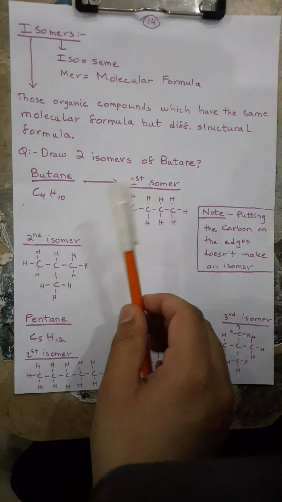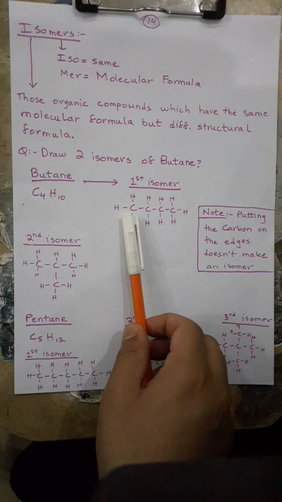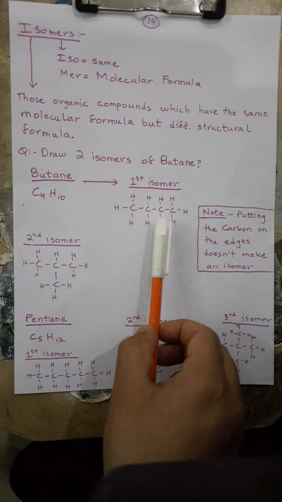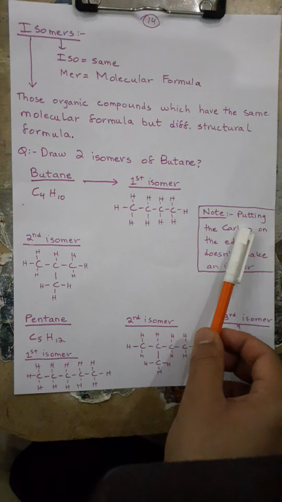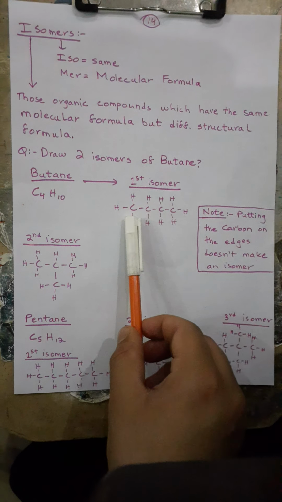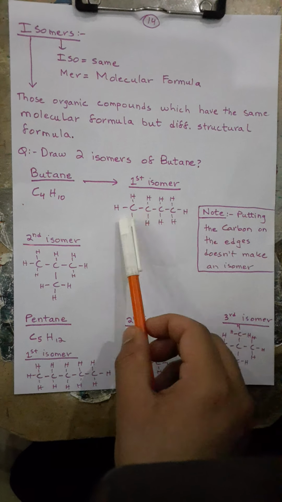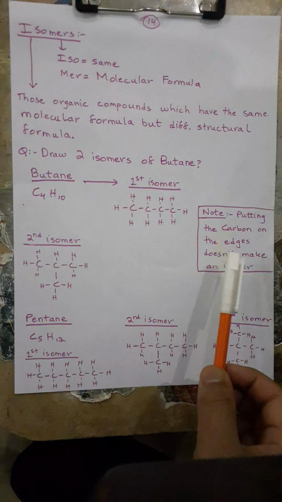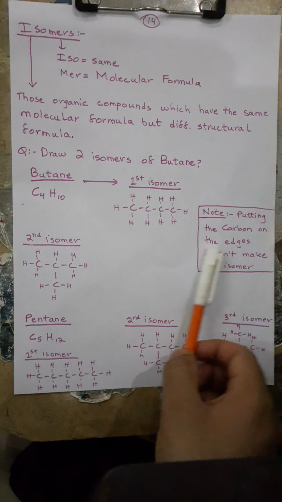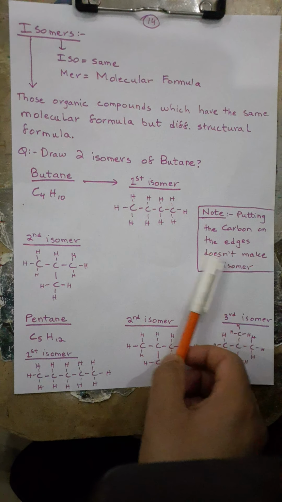Now how are we going to make the second isomer? We take this carbon or this carbon and attach it to a carbon which is not at the edge. Like we read in the note, if we take the first or last carbon and put it on the edge again, it will not make an isomer.